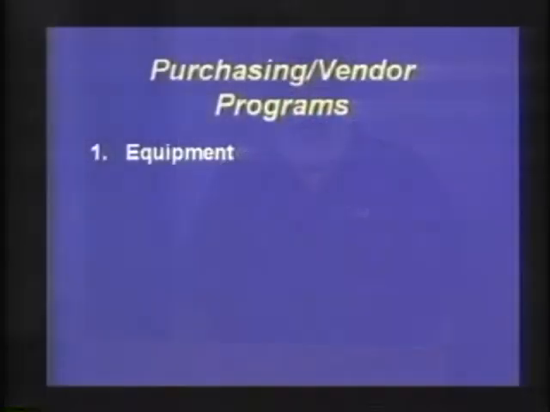First of all, item 1 identifies the equipment that you're purchasing. And here we need the input and the support by operations personnel, facilities engineering, and also maintenance management personnel.